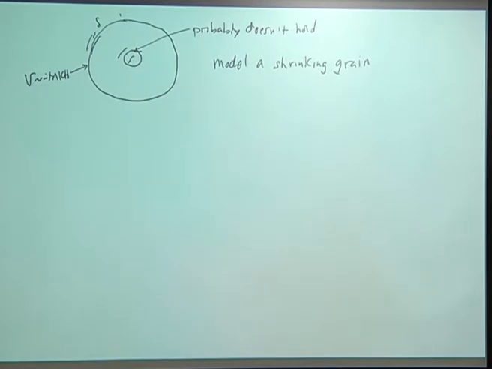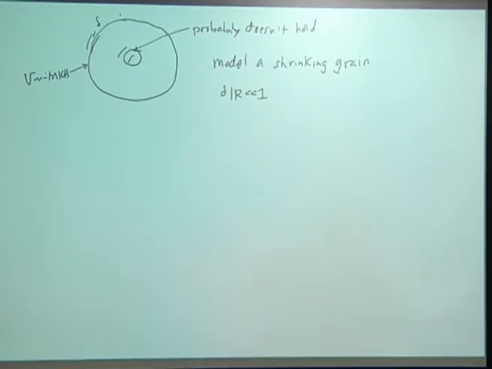So then you say, okay, I'm going to make delta over R much less than 1. I'm going to choose R to be 10 microns and delta to be 0.1 microns. That certainly works when R is 10 microns. But as R gets small, when R gets to be 1 micron, you run into the problem I just showed you.